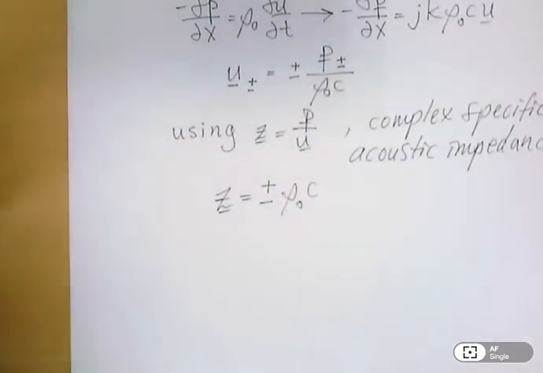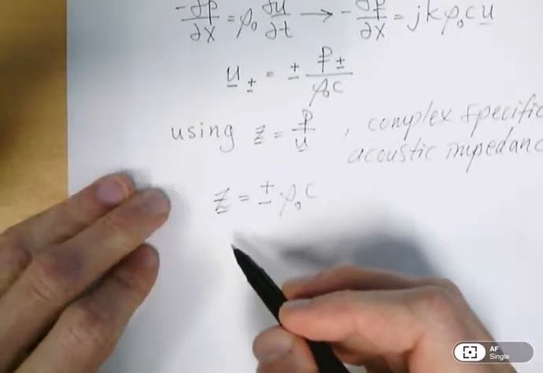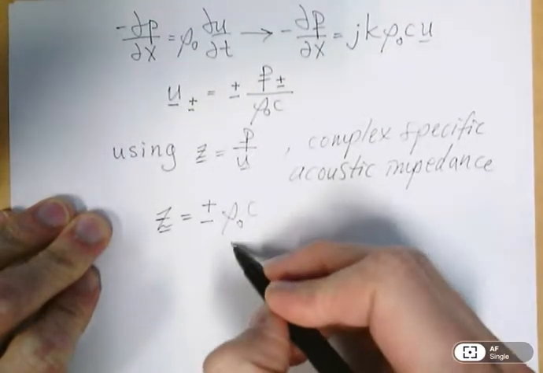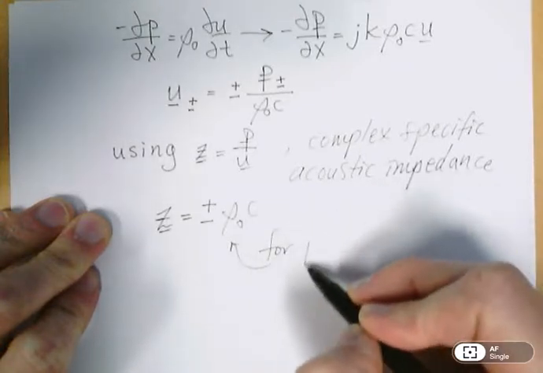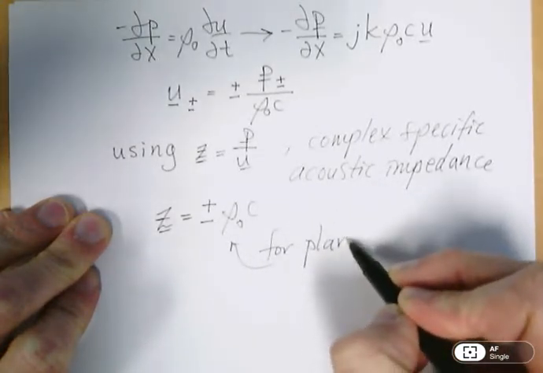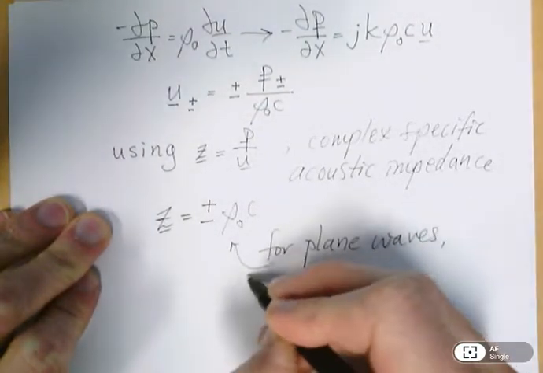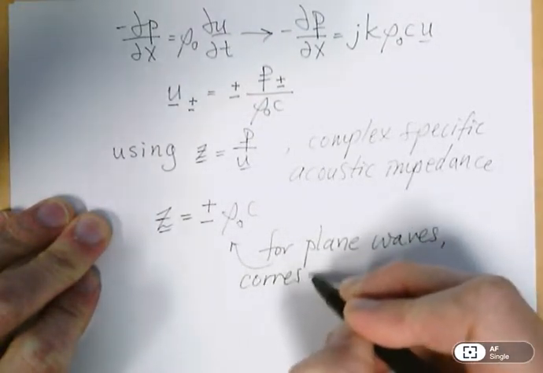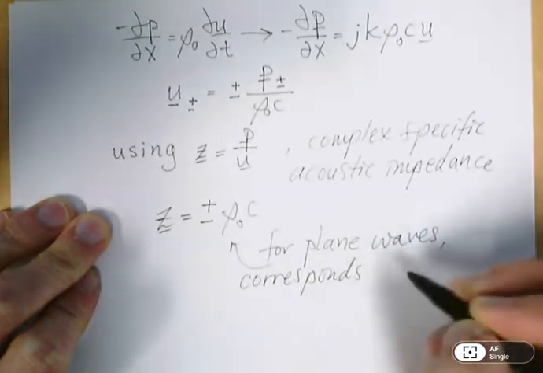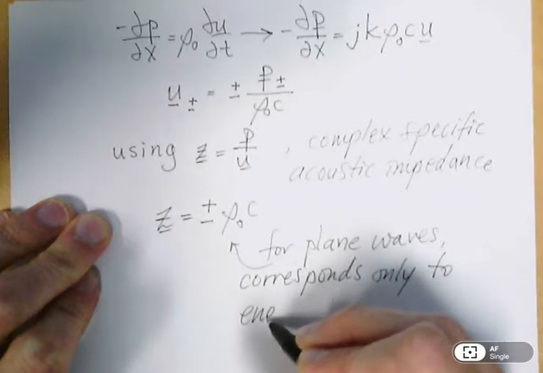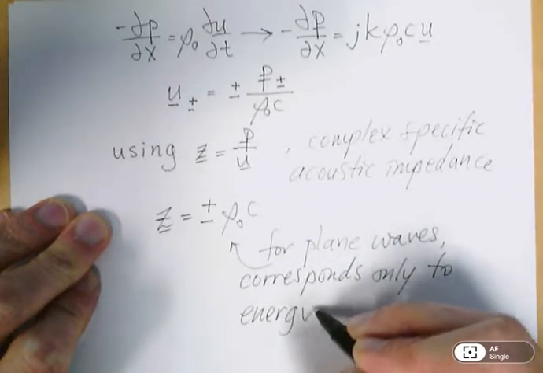So this is an energetic measure. Being purely real, this for plane waves corresponds strictly to energy transfer, because the impedance is purely real.